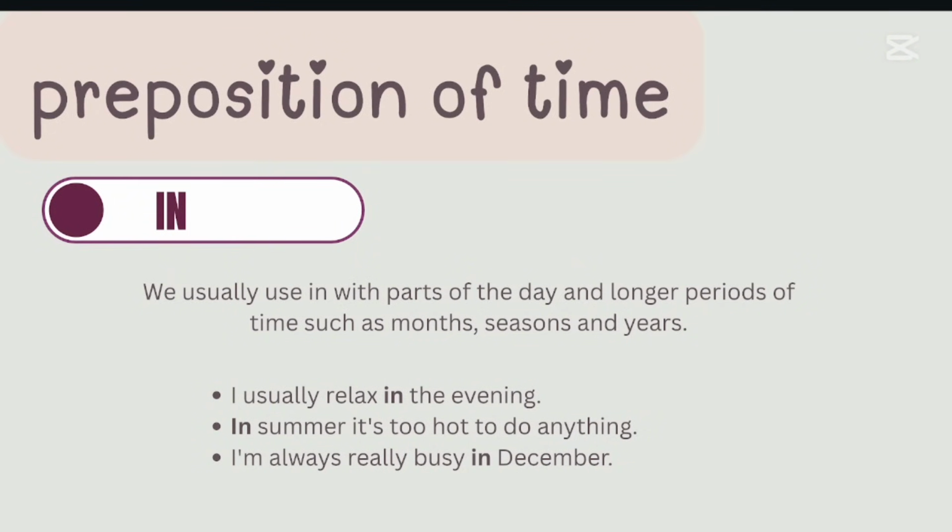So I have here example. I usually relax in the evening. So here we have the preposition in. Another one is in summer. So it tells us the season. So in summer, it's too hot to do anything. Another example is I'm always really busy in December.